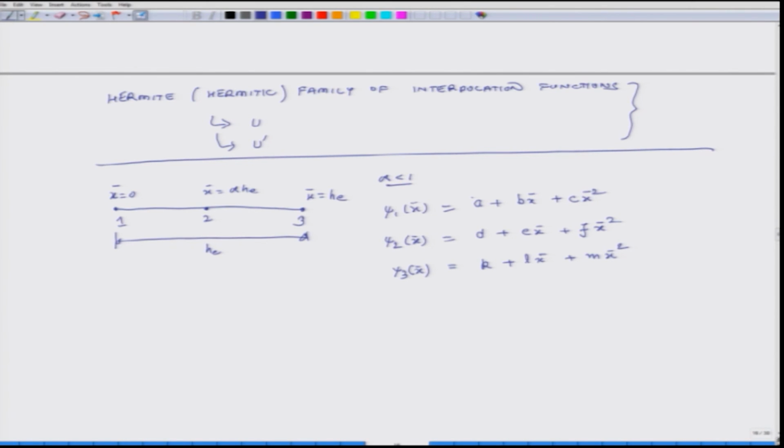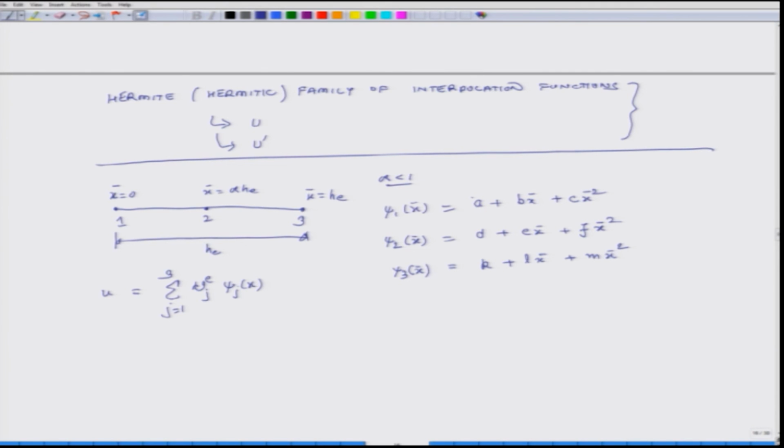So, we do not know what the values of a, b, c, d, e, f, k, l, m are, and we have to figure it out. But we also know that the value of u over the element varies, and it can be written as the sum of u_j^e psi_j(x), j equal to 1 to 3, because there are 3 functions.